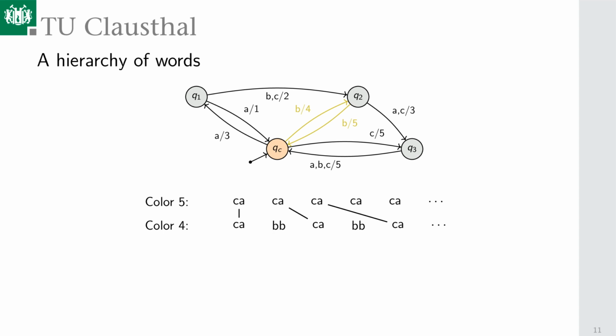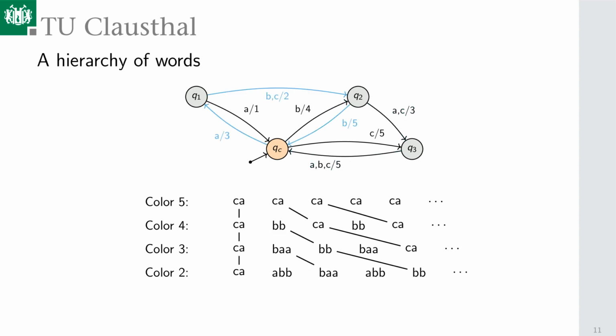This yields this new word here on the slide, whose dominating color is now 4. It consists of letters that let the run alternate between the two flower loops considered so far. Similarly, we can inject a flower loop with color 3 into the word and the run, a flower loop with color 2, and finally a flower loop with color 1.